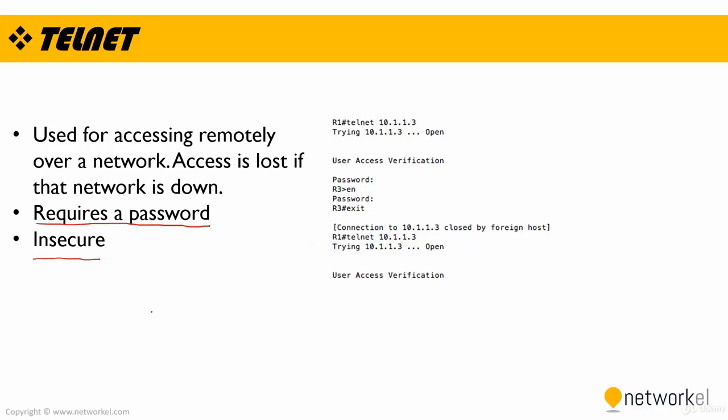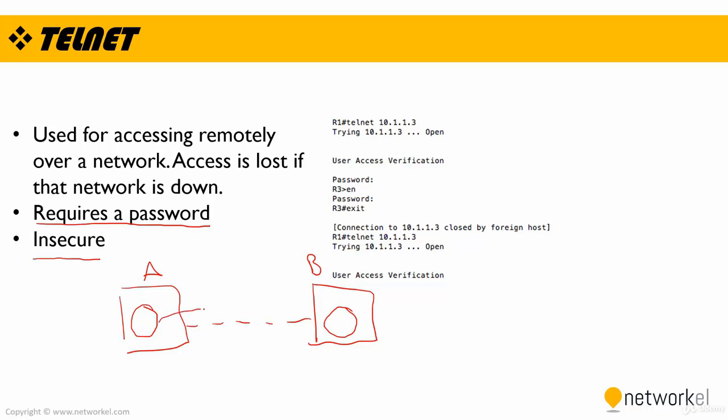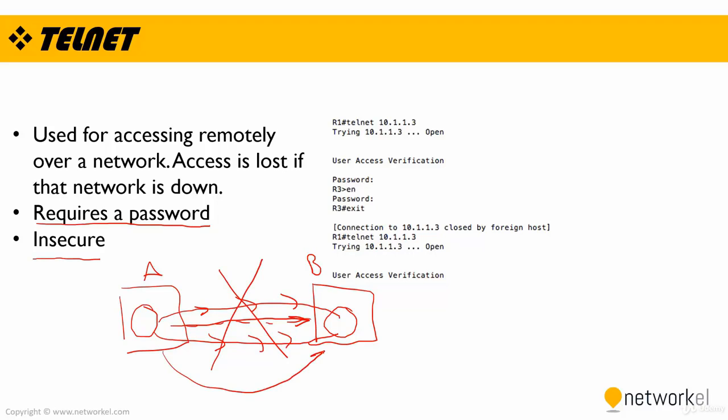For example, you are in location A of the corporate, and the device that you want to reach is in location B. There's a network between these devices, so you can reach that device using that network. There should be a network to reach via Telnet. And if the network is down, you cannot reach the remote device using Telnet.